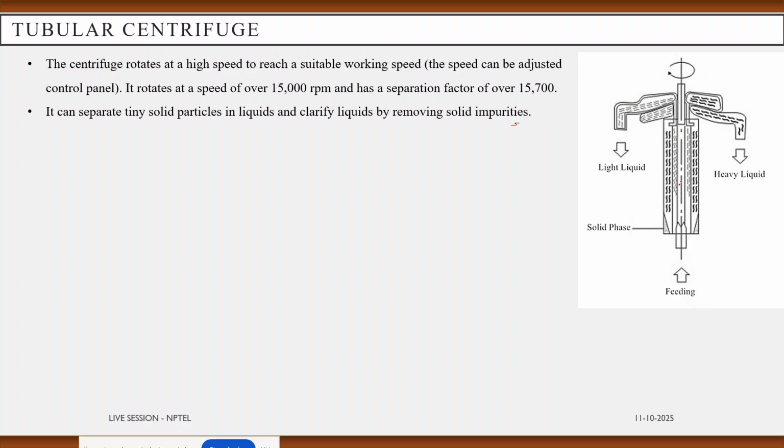The heavier or denser liquid will be collected in the other outlet, and all the solid phases will be collected very far away from the axis of rotation, inside the bowl at the base of the bowl.